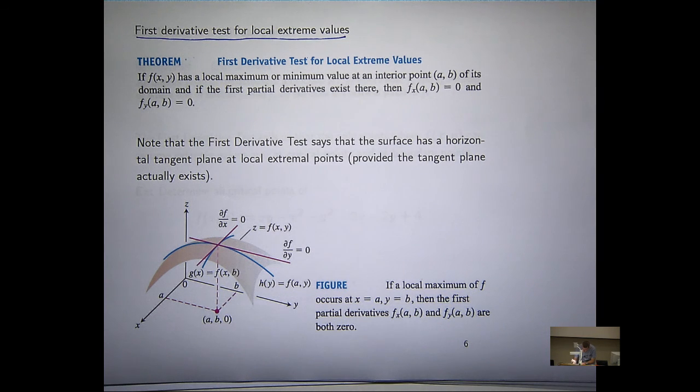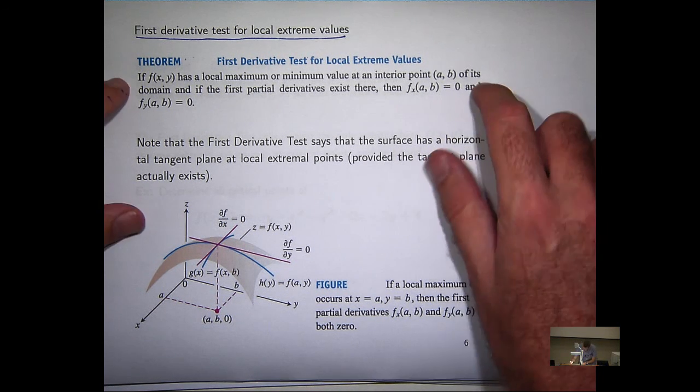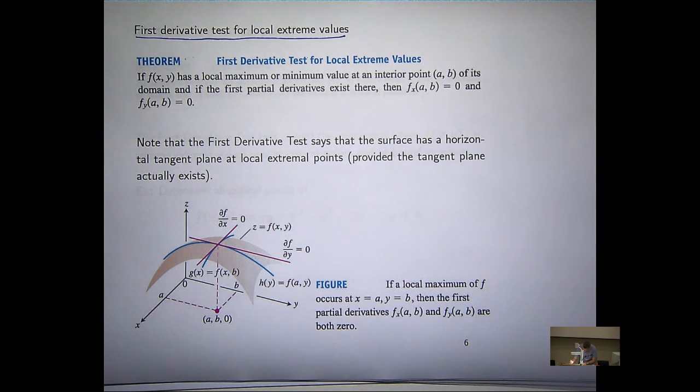Just like we can with regular calculus of functions of one variable, you can use partial derivatives, or first derivatives, to determine these local extreme values. So here it is. What you would expect.